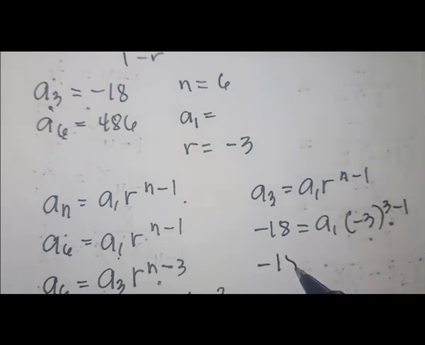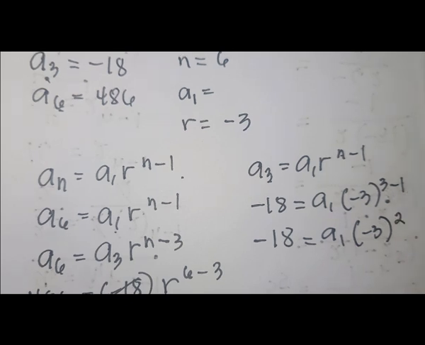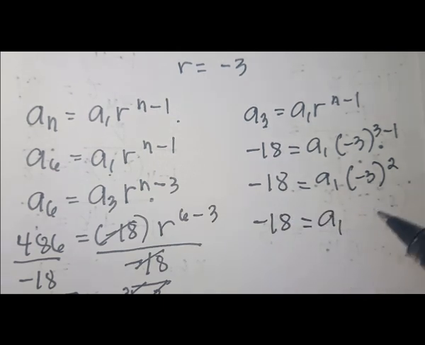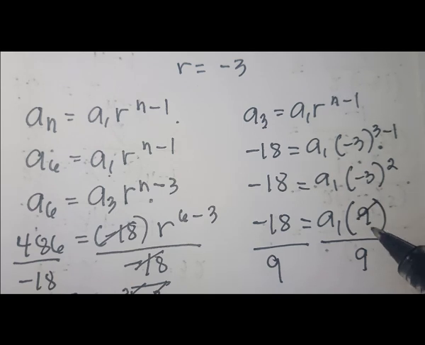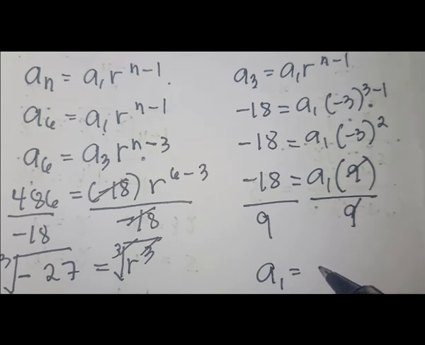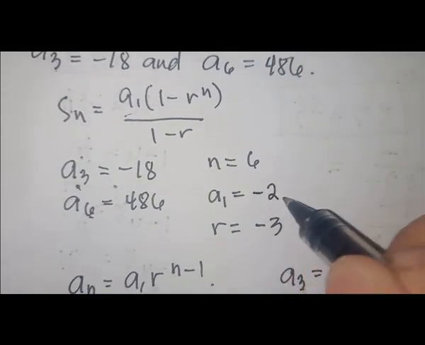So, negative 18 equals a sub 1 times negative 3, 3 minus 1 you have 2. Negative 3 squared, you have positive 9. Then, para makuha na natin yung a sub 1, divide natin both sides by 9. Negative 18 divide 9. Therefore, yung a sub 1 natin ay negative 2. Okay. So, meron na tayong value ng a sub 1 which is negative 2.